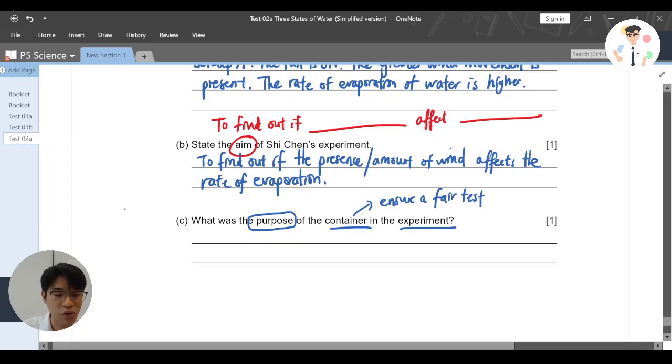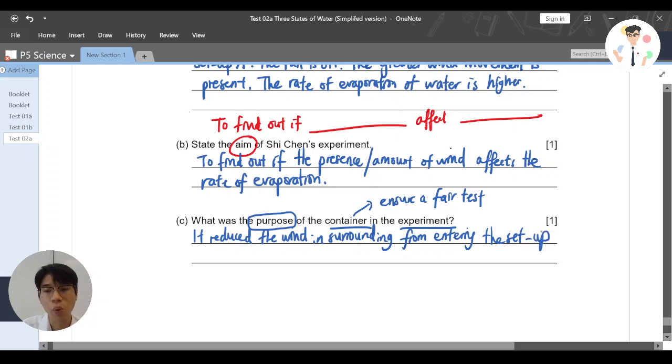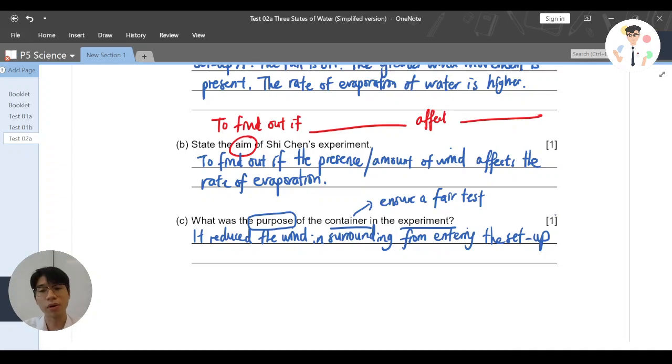The first thing is you should say that it reduces the wind in the surrounding from entering the setup. Why? Because if for B I don't want any wind, and there's wind coming in, then it's not accurate anymore.